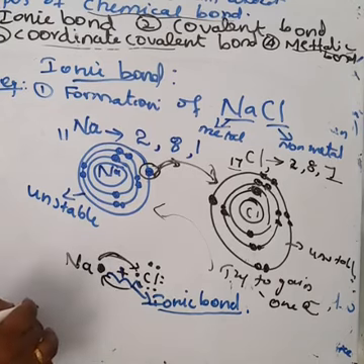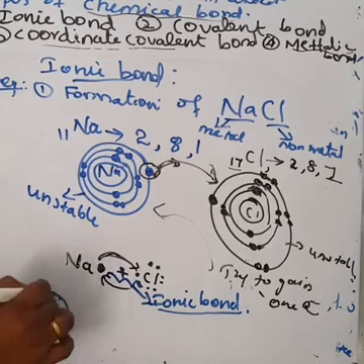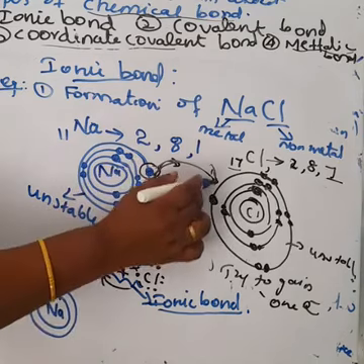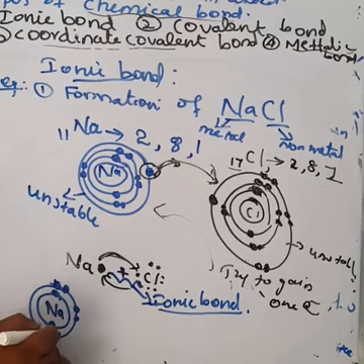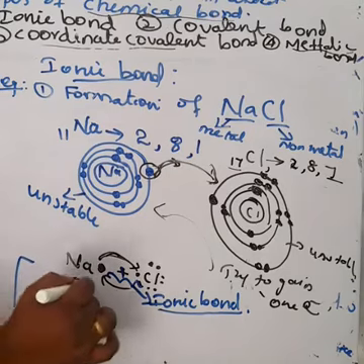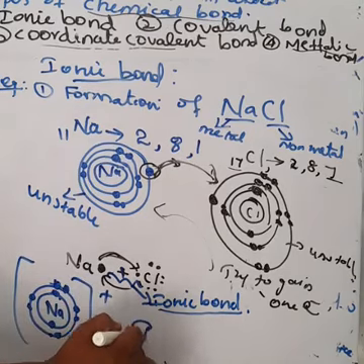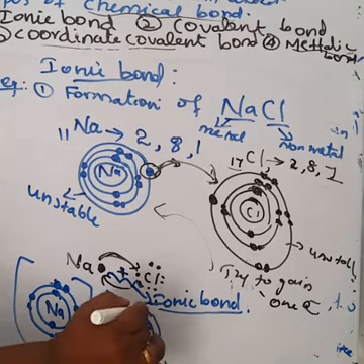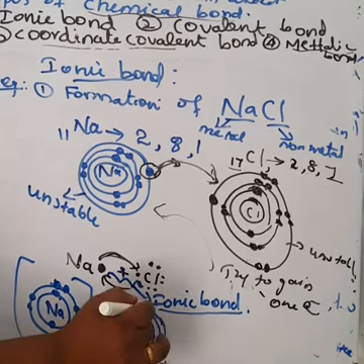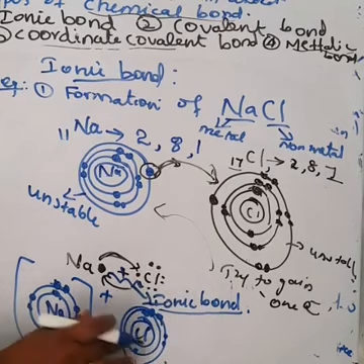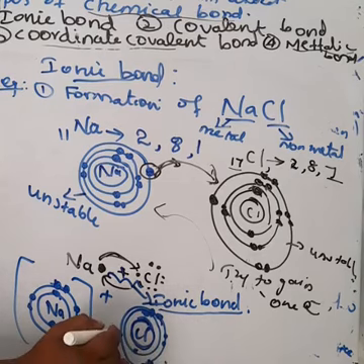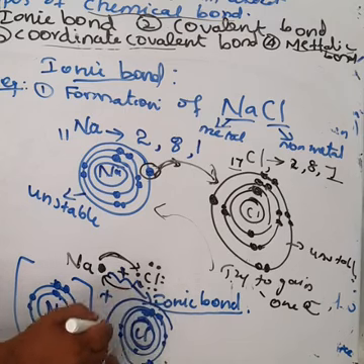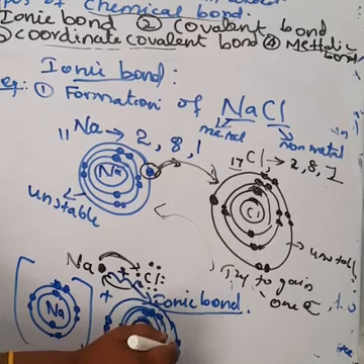The chlorine atom attains 8 electrons in its outermost orbit. The sodium atom, after transferring this 1 electron, also has 8 electrons in its outermost orbit: first orbit 2 electrons and last orbit 8 electrons. This is the sodium structure, and this is the chlorine nucleus: first orbit 2 electrons, second orbit 8 electrons, and third orbit 8 electrons.